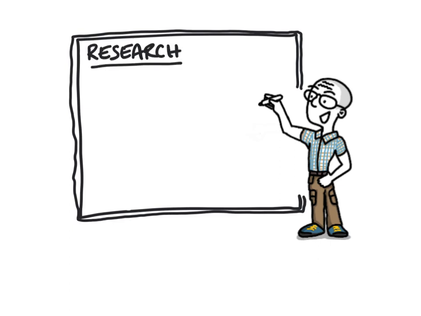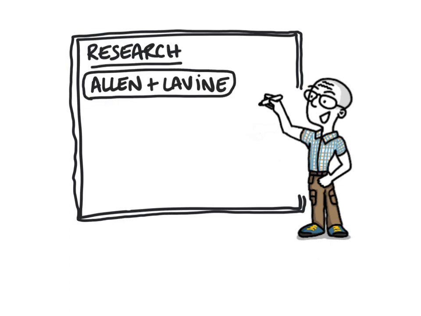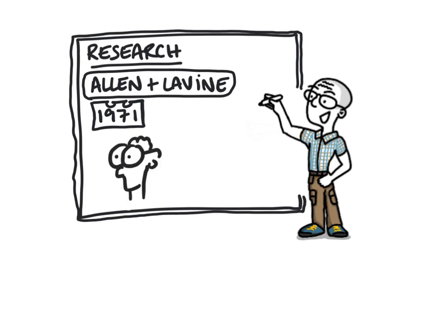Other research. Allen and Levine, 1971, replicated the original Asch study, with one of the confederates acting as a non-conforming ally. They gave a deliberately incorrect answer that was different from the majority. In one condition, this ally wore thick glasses. In another, they wore no glasses.